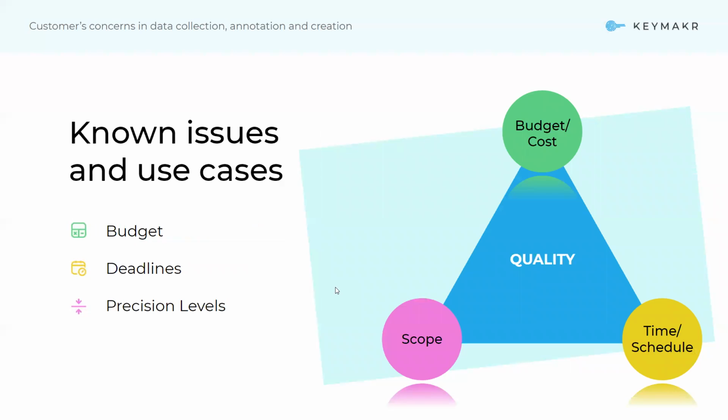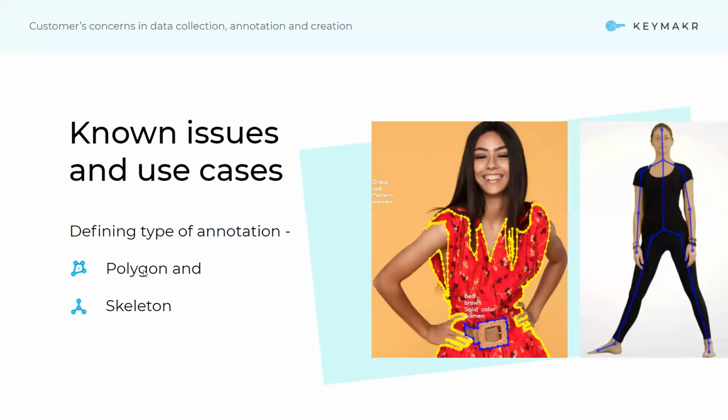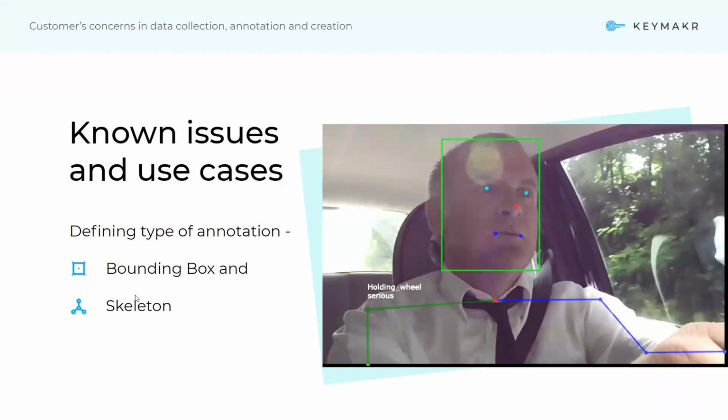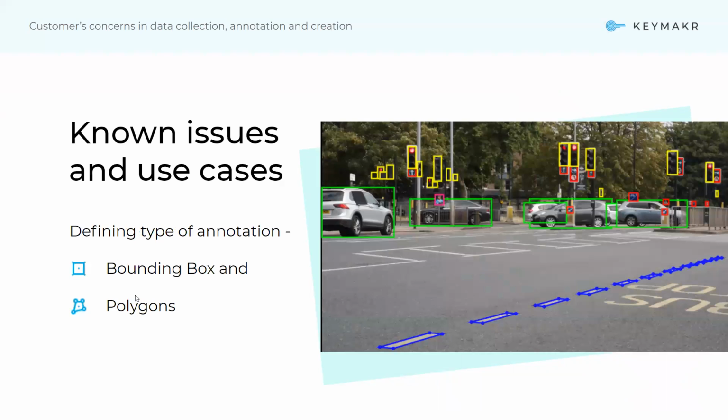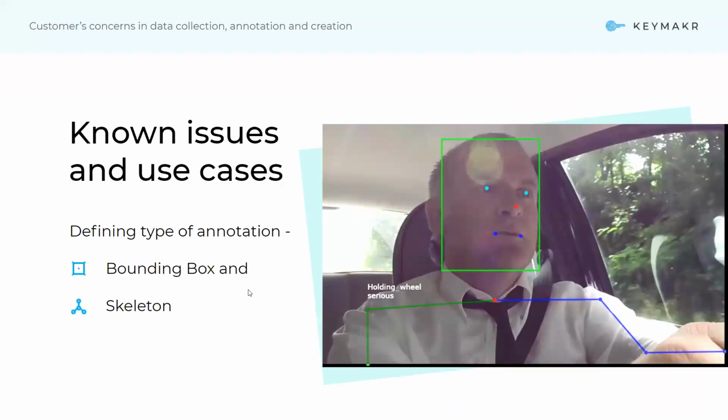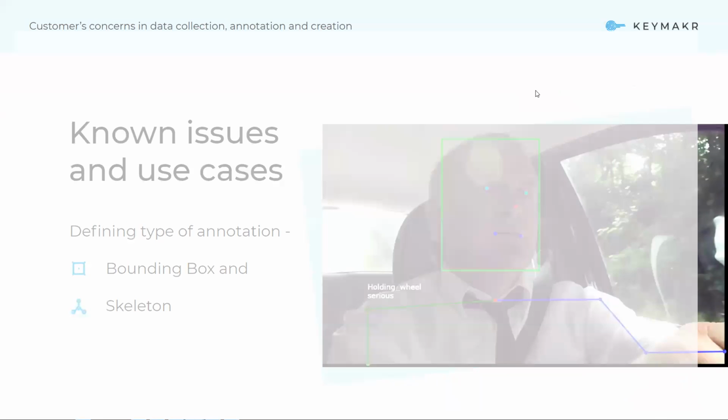Actually, Dennis, one interesting thing I wanted to add to what you were saying previously about types of annotations. If you go back to the example of the guy driving the car, here we're talking about emotion annotation as well.